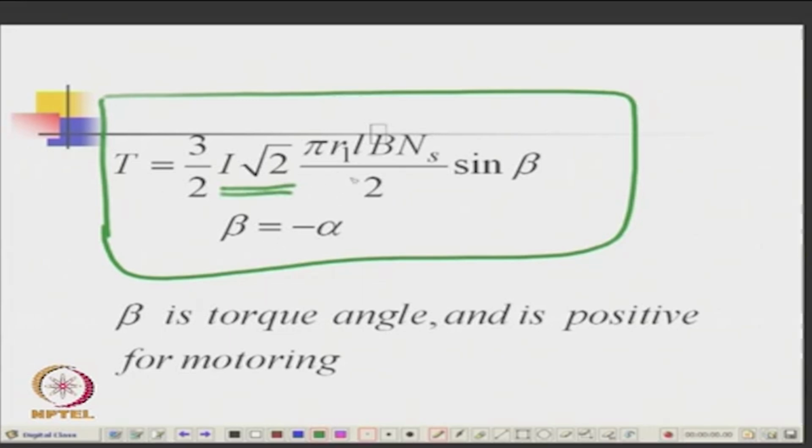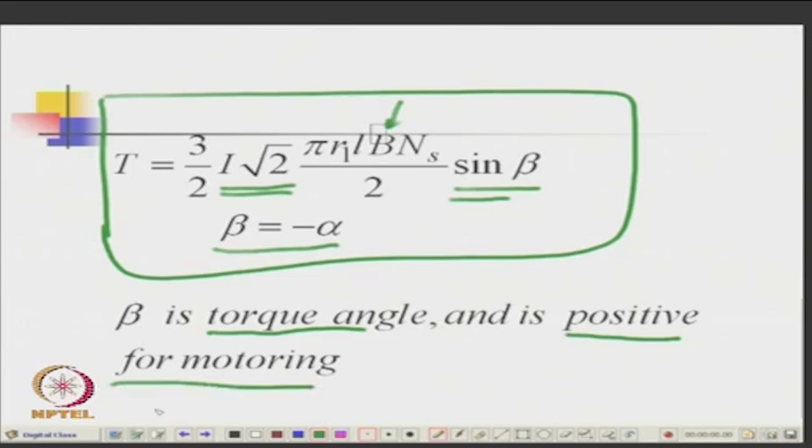This is the B here, and this is sin beta, where beta is minus alpha, the torque angle, which is normally positive for motoring. I am just passing over this because you are expected to know the basic principle of synchronous machine theory.